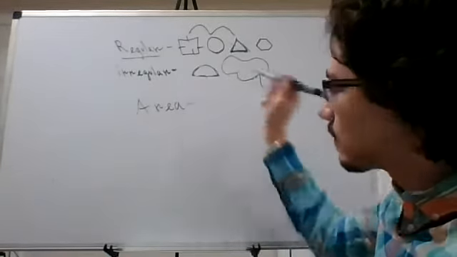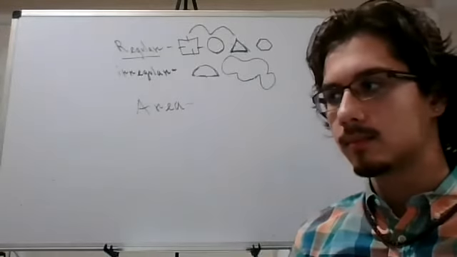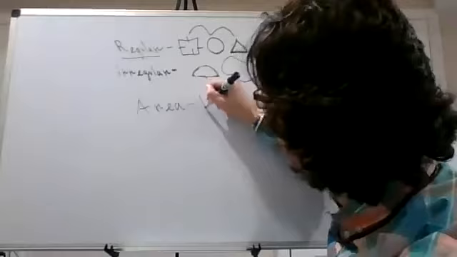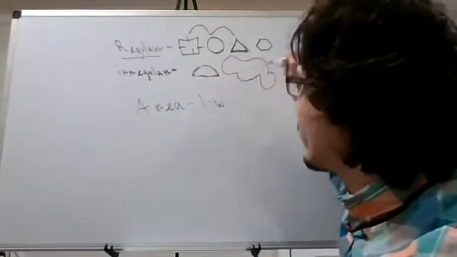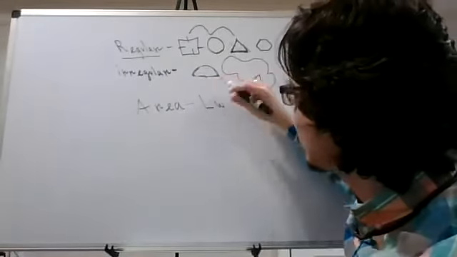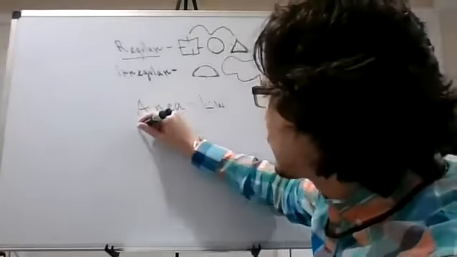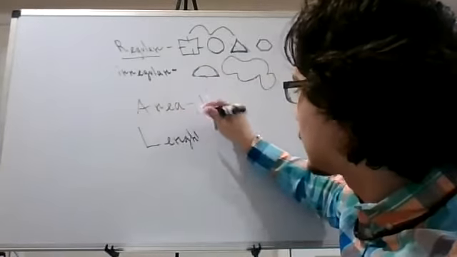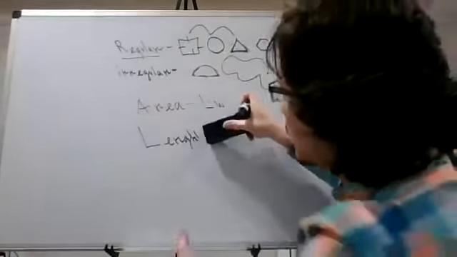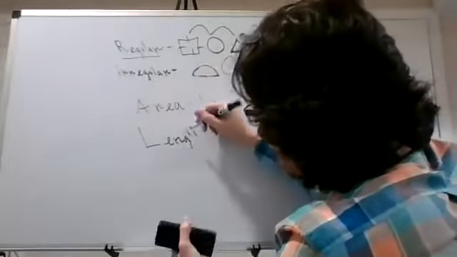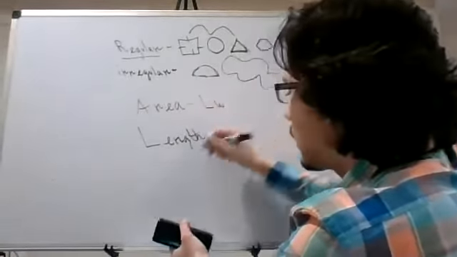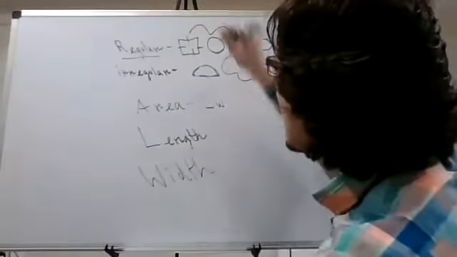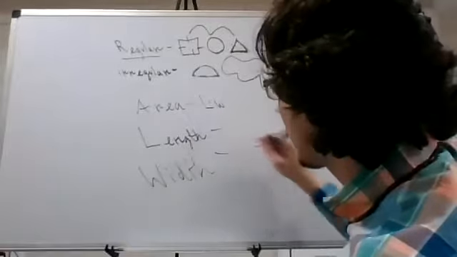Length times width. Okay. So length times width. So if everybody remembers, length and width refer to a square.